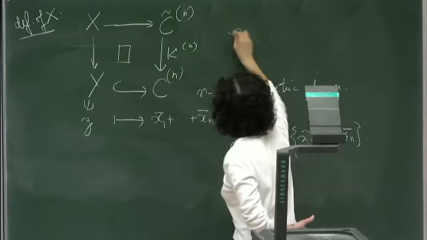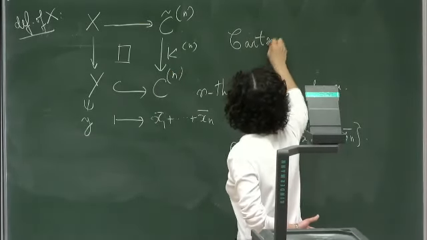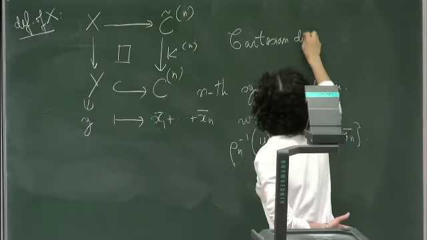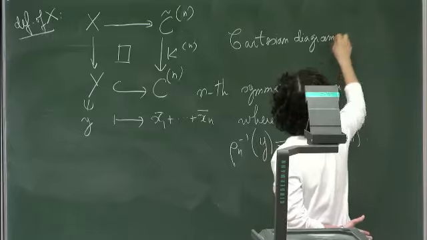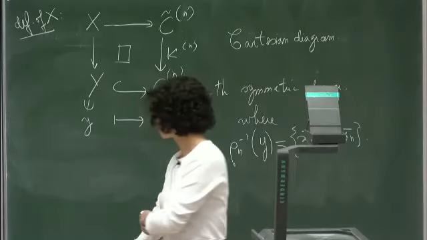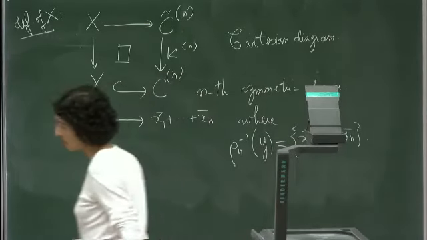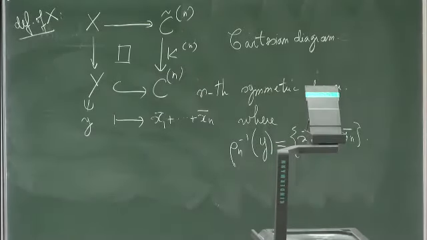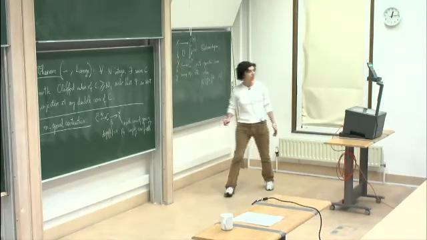This is a Cartesian diagram. And if you assume that rho n is simply ramified, you can actually prove that X is a smooth curve.